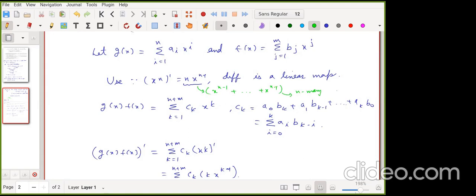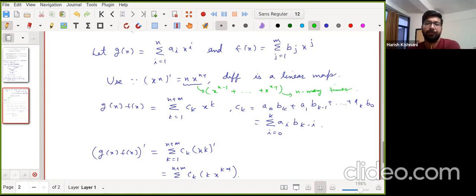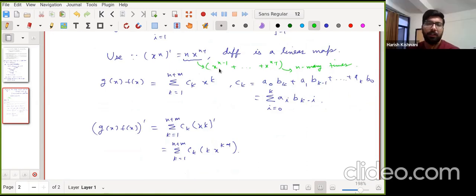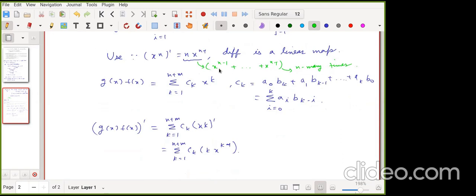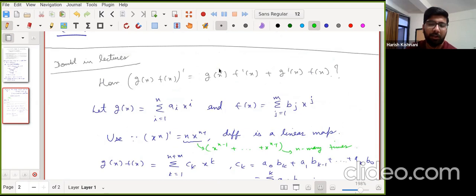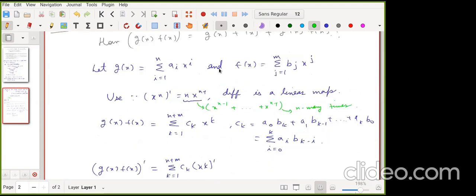That is definitely in the field because x^(n minus 1) is in the field. Not just the field, it's all happening in the ring of polynomials.